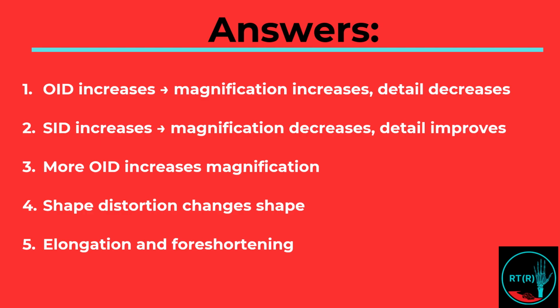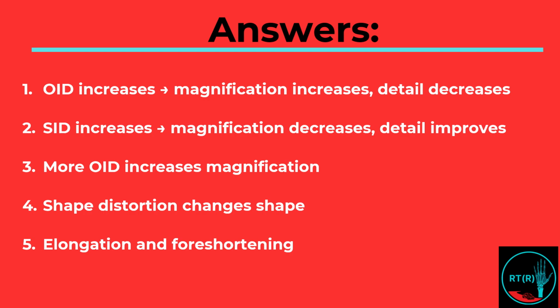More OID increases magnification. Number 4, what kind of distortion changes shape? Shape distortion changes shape. And number 5, what are the two types of shape distortion? Elongation and foreshortening.